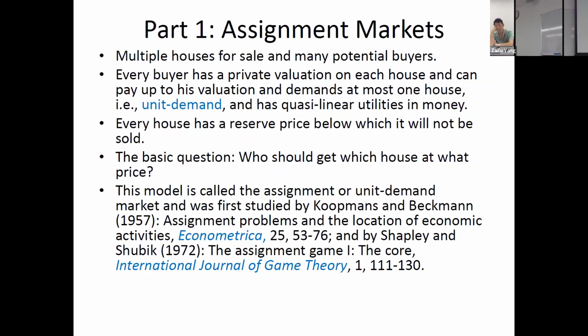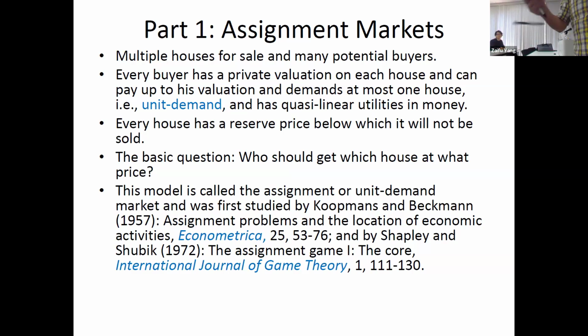Okay, so in the first part, I will talk about the most favorite model, the assignment market, which is just like a house market. Each family, each household just wants to have one house. So this is called the assignment market or unit demand model. Now everyone has quasi-linear utility in money, and everyone is supposed to have a sufficient budget.